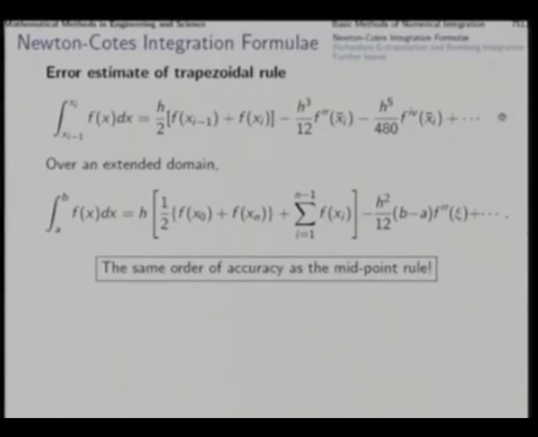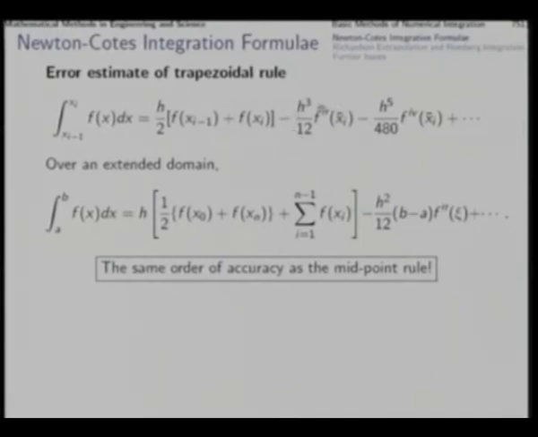Similarly, over an extended domain, if we sum these up for i equal to 1, 2, 3, 4 up to n, then that sum will give us the formula which we have already got: half contribution from the first term and the last term, and full contribution of interior terms. This will be obtained from the trapezoidal rule formula, and the leading error will come from here.